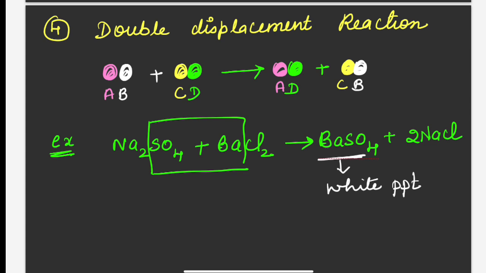It means the barium sulfate which is formed is solid. It doesn't dissolve. That is why the solid which is formed we call a precipitate, and it is white in color. So a white precipitate is formed during the reaction. So here double displacement is taking place. This is the example for double displacement reaction.